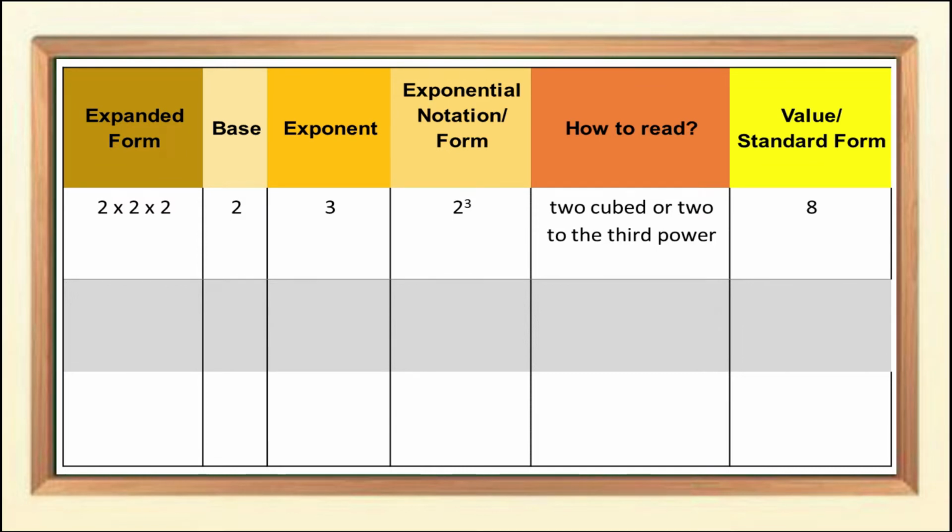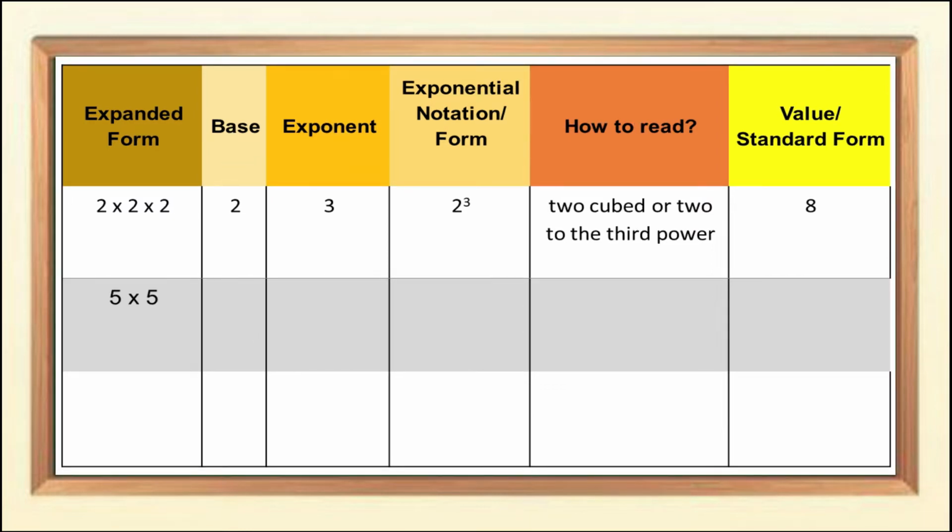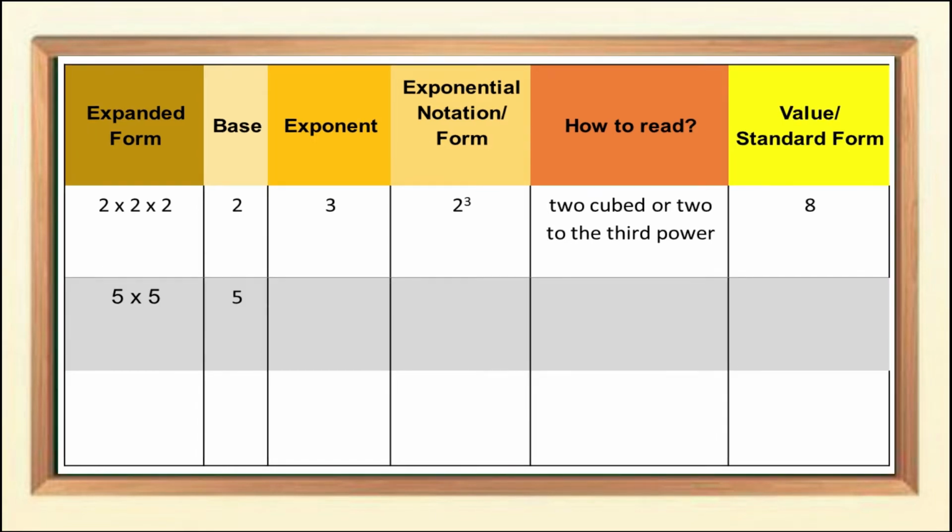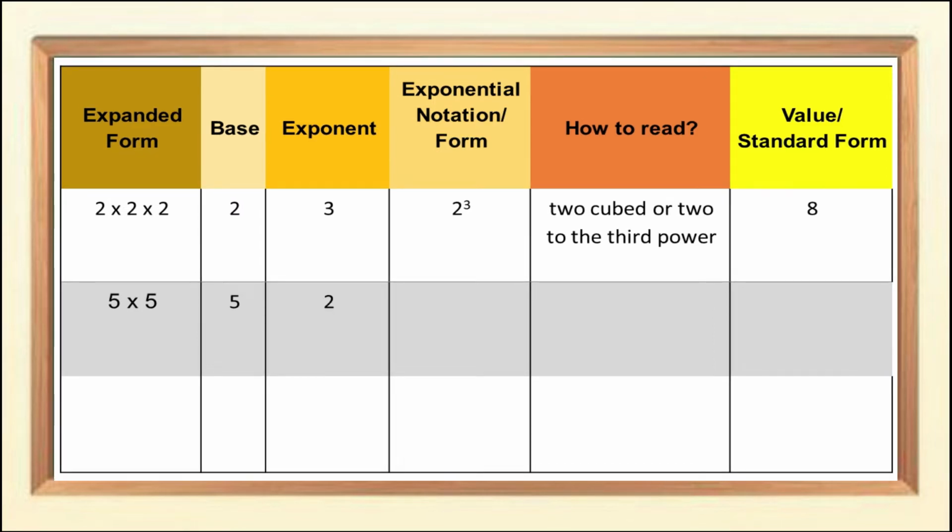Let us have another example. Now we have 5 times 5. We can see that 5 is the base. 5 is being multiplied twice, so its exponent is 2.